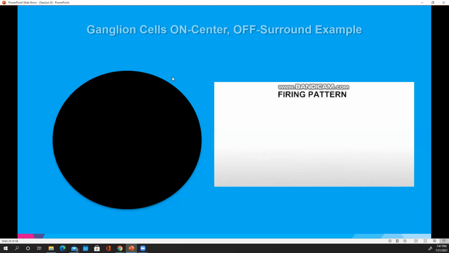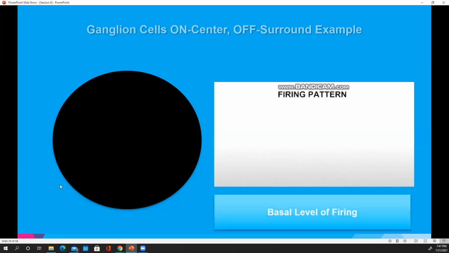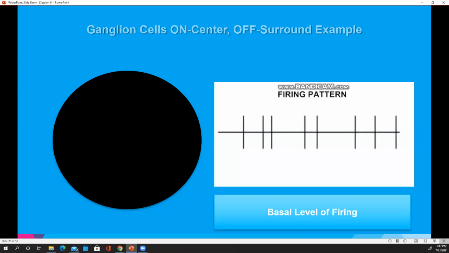And this right now is a basal level of firing because there's nothing being shown. This ganglion cell is in the dark state. There's no light. It's just sitting there, okay? Here's your basal level of firing. Now notice something. If I were to put a probe in the ganglion cell, it's still firing. It has this baseline level of firing, like the ganglion cell is just telling you it's alive right now.